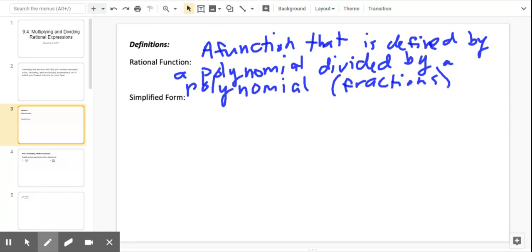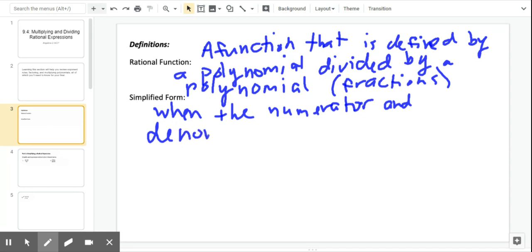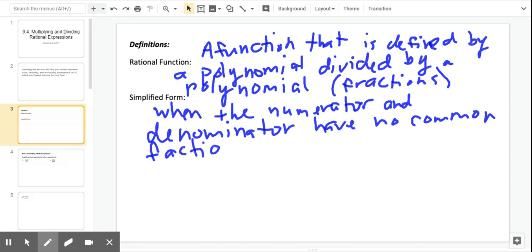The simplified form of a rational function is when the numerator and denominator have no common factors.